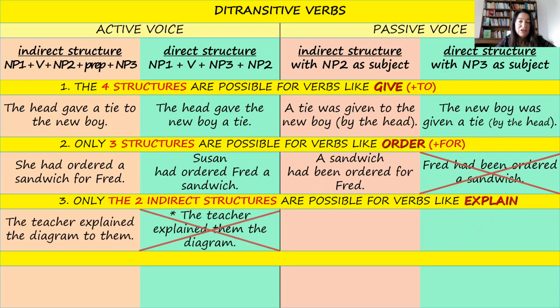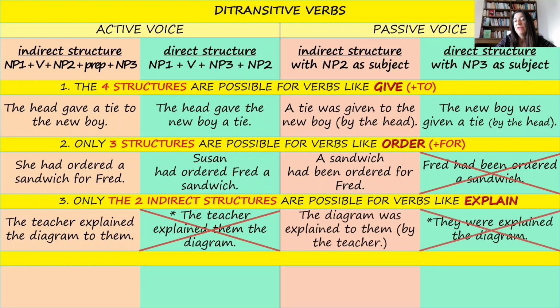So explain always works with the preposition to. And as we can see in the examples here, the teacher explained the diagram to them, and there is no other possibility in the active voice.